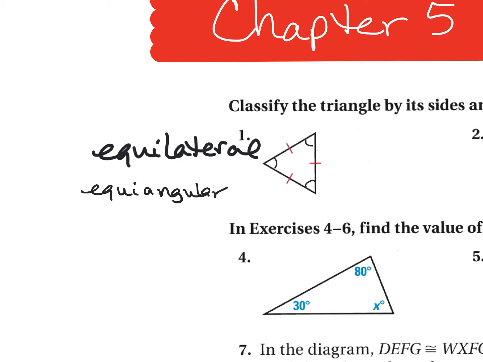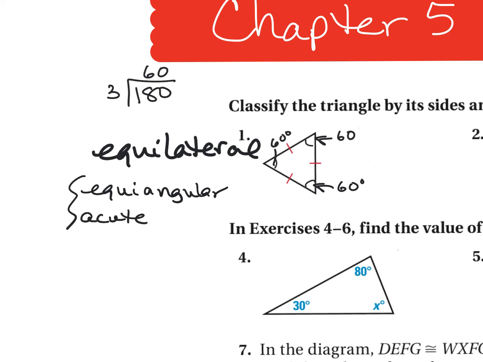Or if you realize that they're all the same and you know that the three angles of a triangle add up to be 180, and when you divide them, all three angles are going to be 60 degrees, making this an acute triangle. So the name for the angle measures could have either been equiangular or acute, but for giving it its name based on its sides, it's equilateral.